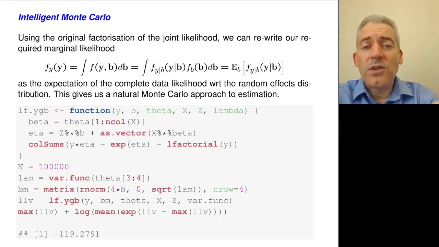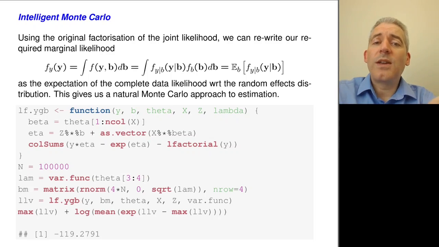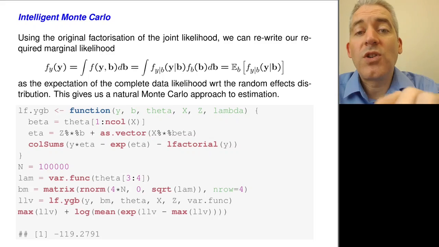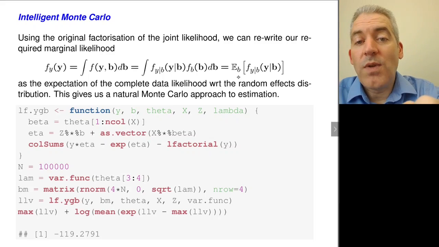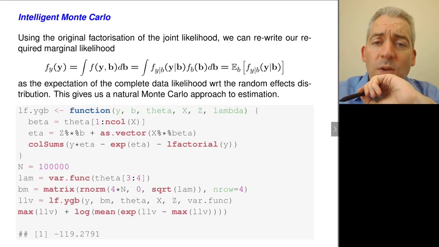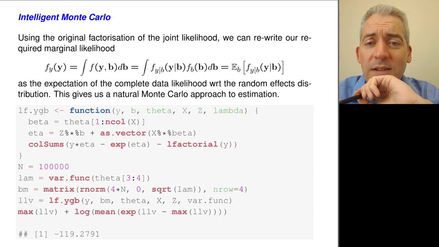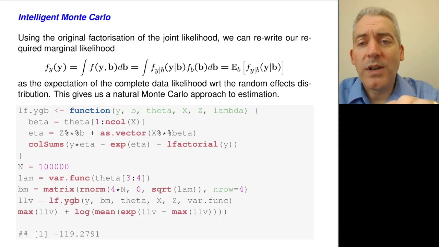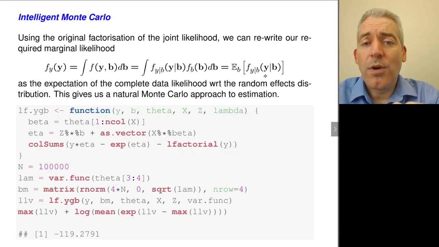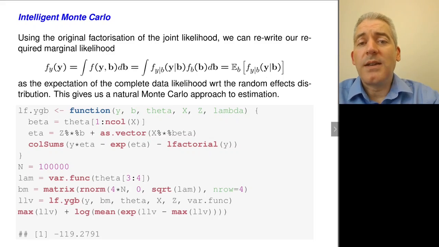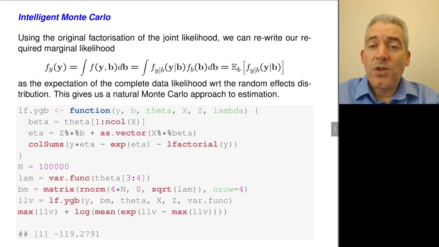That suggests that we could think of it as an expectation with respect to the random effects of the complete data likelihood. And so that gives us a very simple and arguably slightly more intelligent Monte Carlo approach, which is that we just sample from the random effects distribution, evaluate the complete data likelihood, and average that.